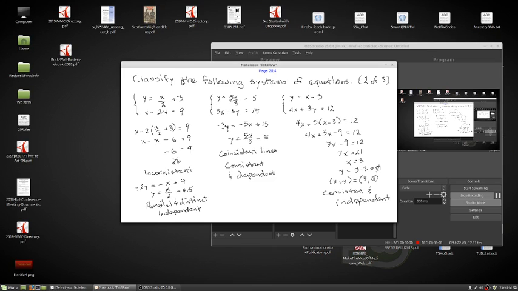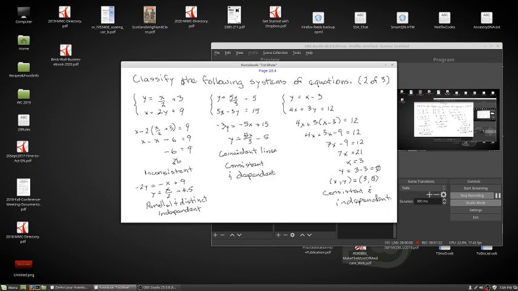Okay, there are three systems of equations, and what I want you to do is classify them, not actually solve them, but simply tell me, do they have a solution? In which case they're consistent, and if they don't have a solution, then they're inconsistent.